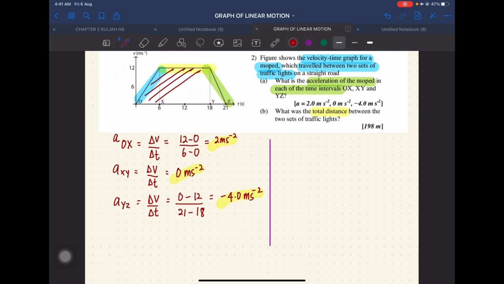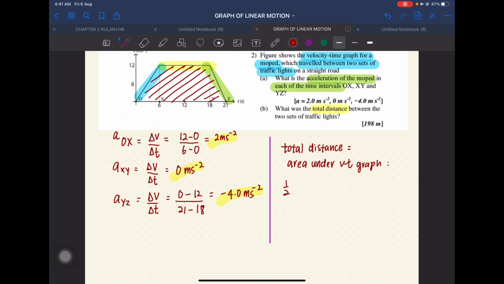Okay, the shaded area here is a trapezium, easy. So total distance equals area under the VT graph. So how do we calculate?